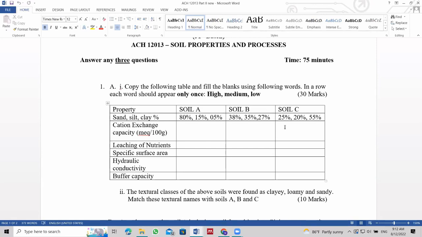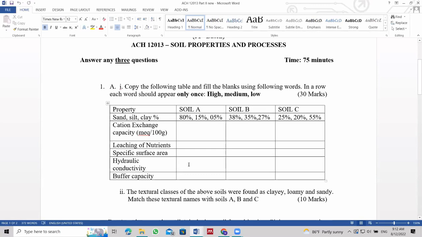Clay soil has high cation exchange capacity. Yeah. Then leaching of nutrients, where is it high? A is high, B is medium, C is low. Specific surface area: C is high, B medium and A is low.